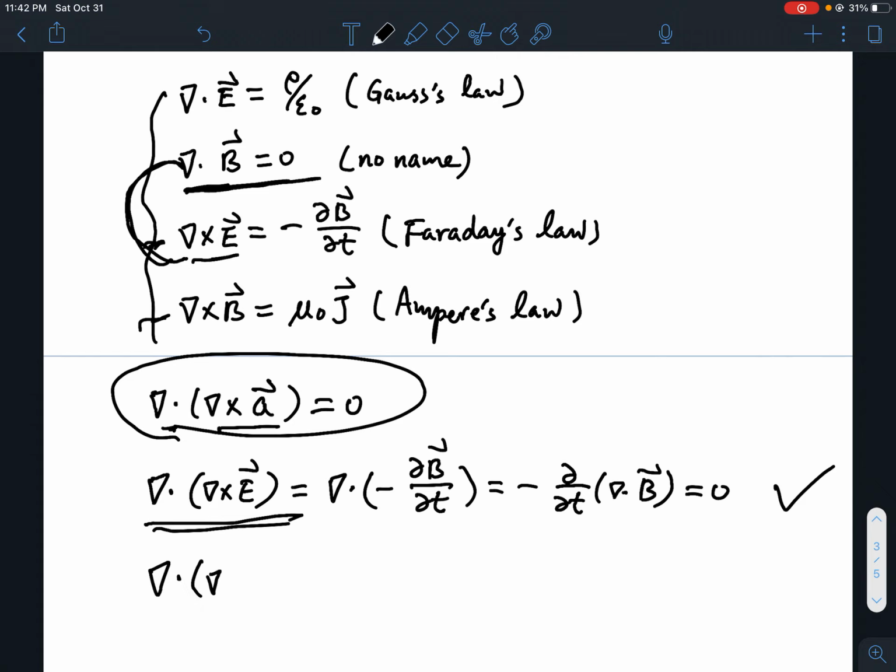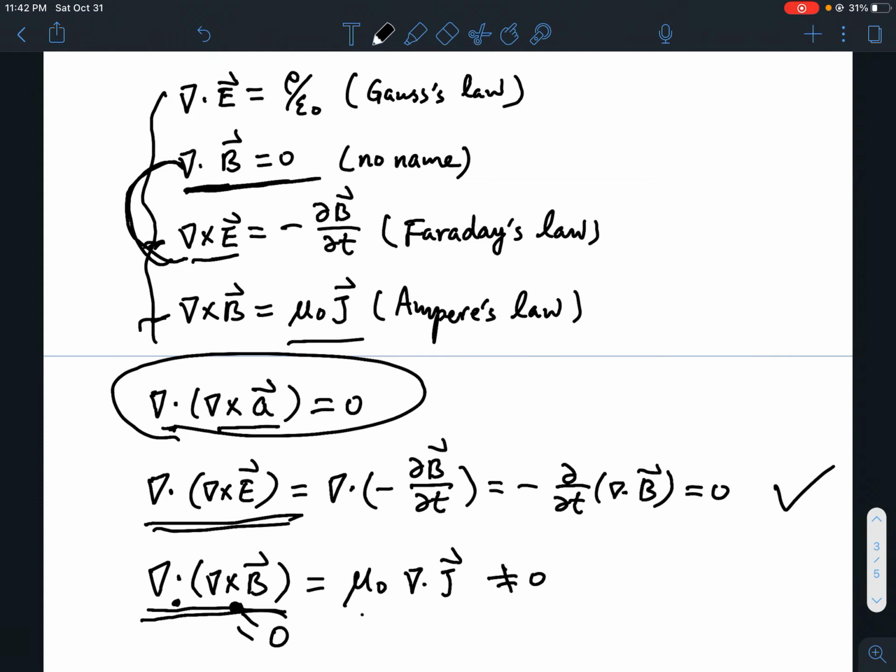However, when we look at Ampere's law, what we have is mu 0 del dot J. And we said this one, the divergence of the curl, should be equal to 0. This is really from vector analysis: the divergence of the curl of any vector should be equal to 0.